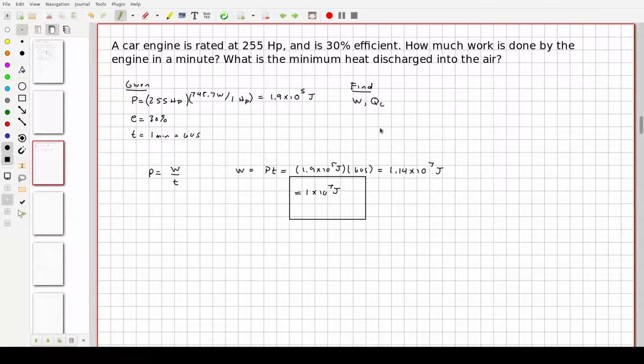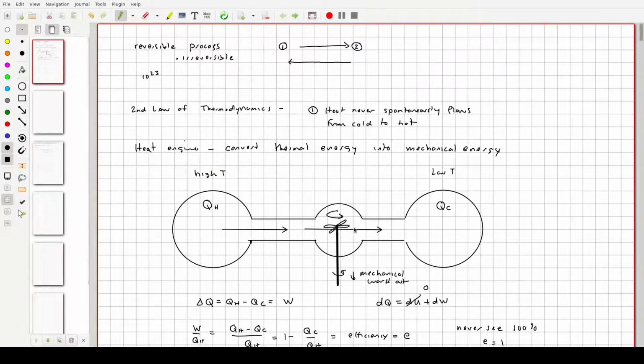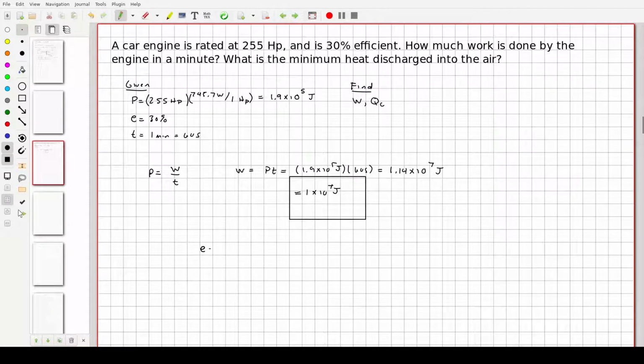Now, to find QC, that is the minimum heat that's being discharged into the air, I want to look at our equation for efficiency. Our equation for efficiency says that it's 1 minus QC over QH. So really what we're trying to find here, knowing QH, which is what this is, is QC. So, we just solve for it.